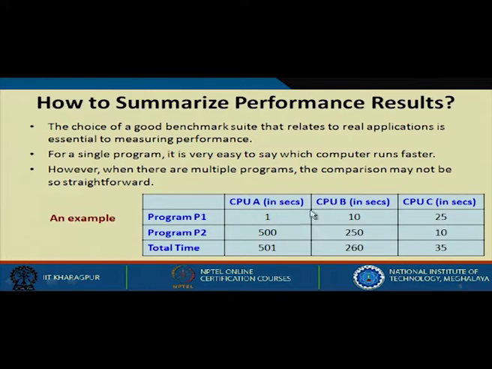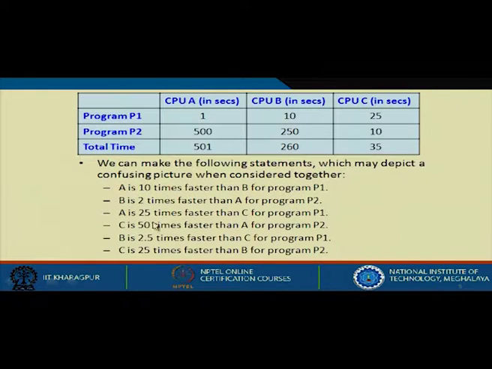If you consider them separately, for program 1, A is the fastest, it takes 1 second, and for program 2, C is the fastest. Now, let us say this with respect to A.